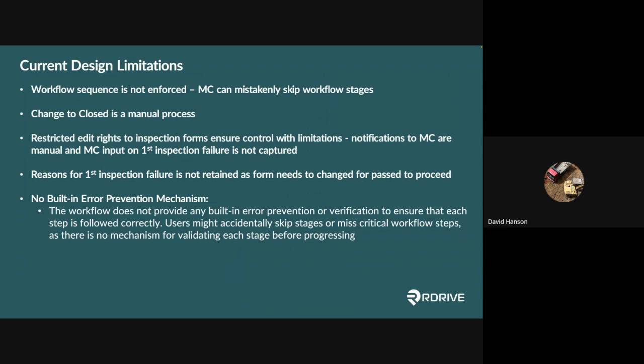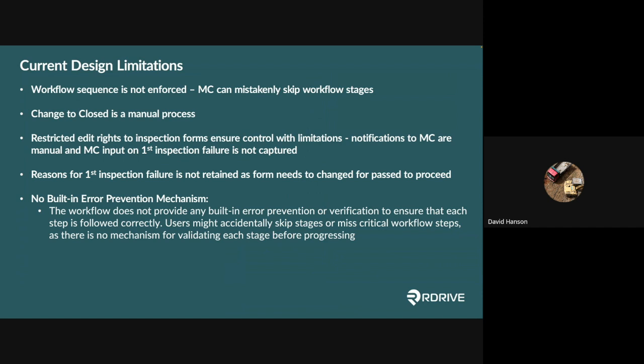with the new version. Right now, changing to closed is a manual process. That's true in SnagR. But when we have forward-only workflows, closing is going to be an automated process based on the next stage or the final stage of the workflow.